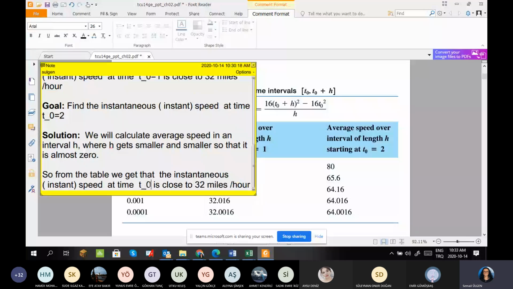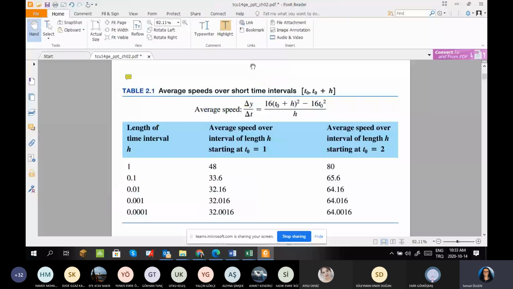Then in this case, if you do the calculation right, look at the table. I'm going to go back to the table. See, average speed over the interval of length h. So the h could be 1, 0.1, 0.01, and so on. And the corresponding average speed is going down and down. And it's going to get close to 64.